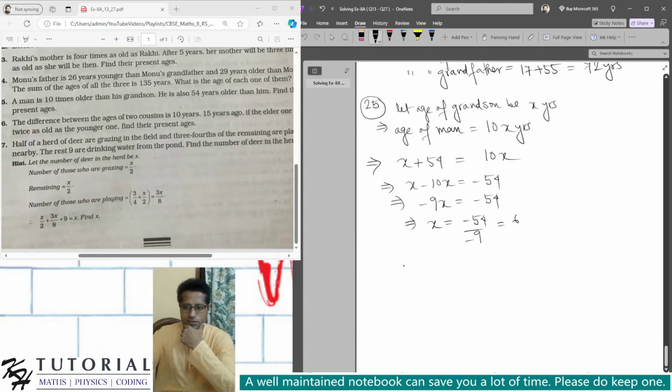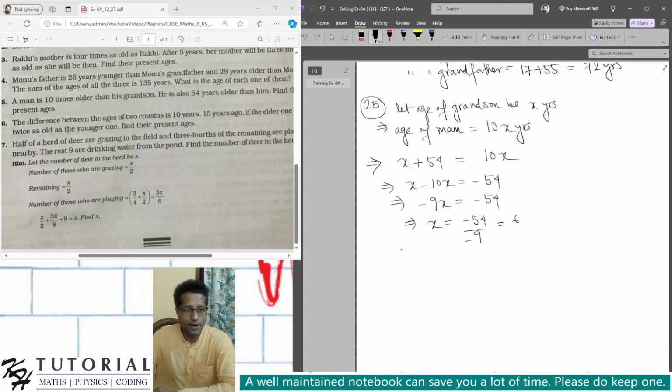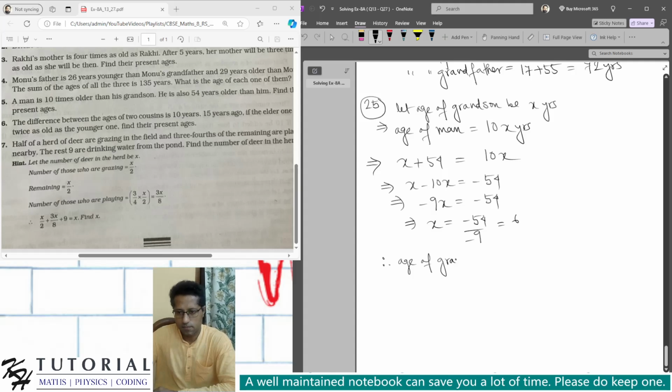So the age of the grandson is 6 years. Therefore, the age of the grandson is 6 years, and the age of the man is 10 times the grandson, that is 60 years.